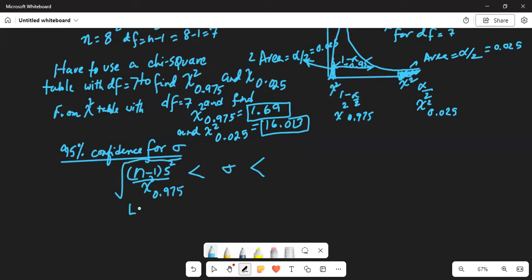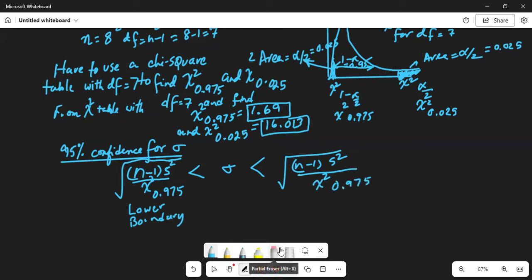And the upper boundary is the square root of n minus 1 times s squared divided by chi-square 0.975. Sorry, I made a mistake: the lower boundary uses 0.025 in the denominator and the upper uses 0.975.